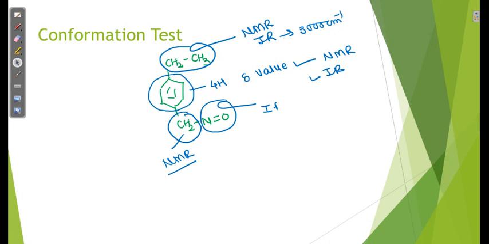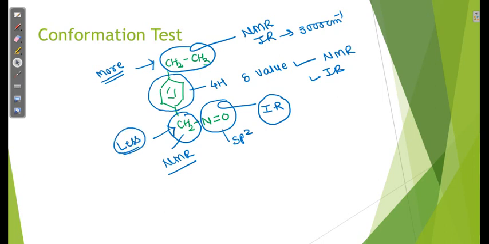There is no hydrogen, there is no possibility in NMR, that is sp2 hybridization, so this is near to that. So the delta value of this CH2 is more, and the delta value of this CH2 is less.